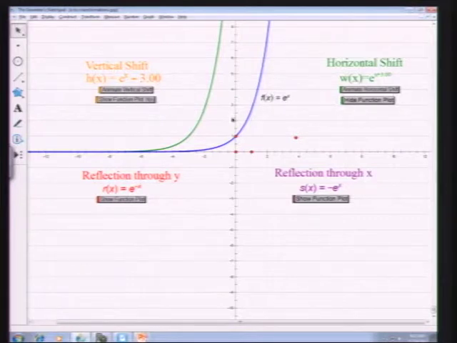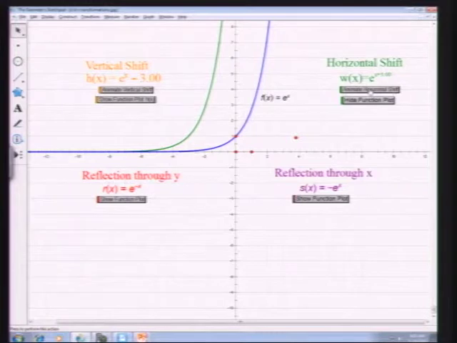And you will notice that as soon as I animated it, even though the numbers that I am adding to x in the exponent are positive, surprisingly, my shift is going to the left. We would expect it to go to the right. But on horizontal shifts, it goes in the opposite direction of the number that you're looking at in the exponent.